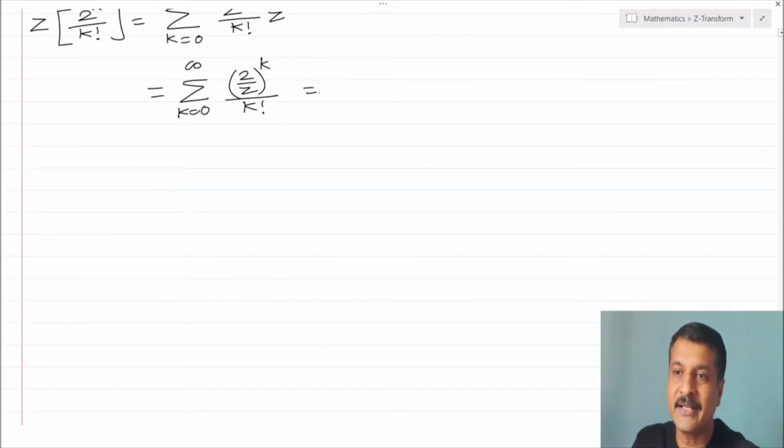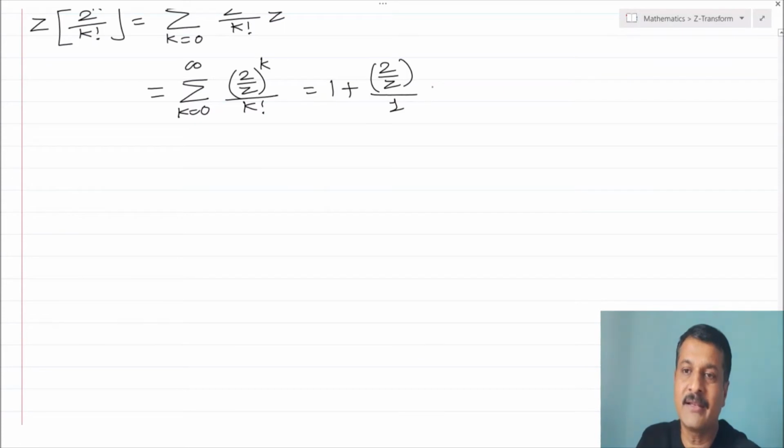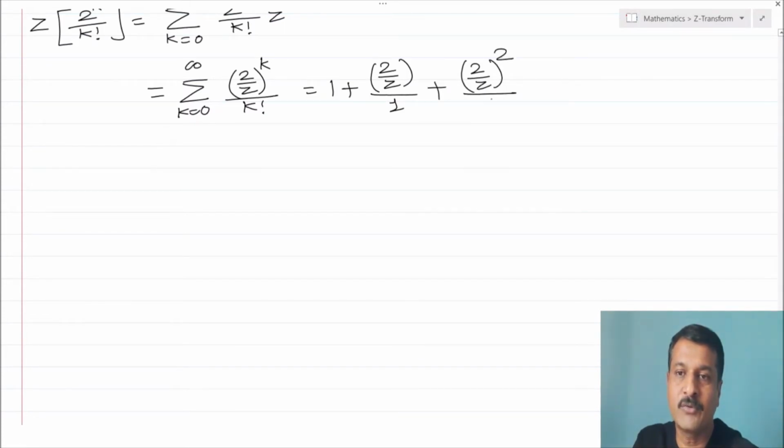So here k equal to 0, so 0 factorial is 1 and raised to 0 is 1, so I am getting simply 1 plus 2 by z upon 1 factorial, plus 2 by z whole square upon 2 factorial, plus 2 by z raised to 3 upon 3 factorial, plus and so on.